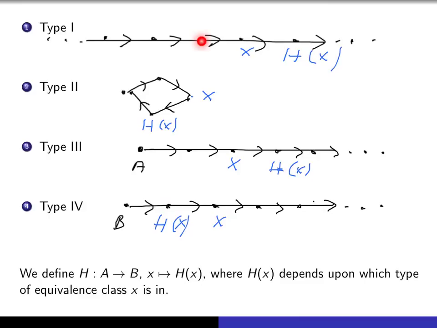If y happens to be here, then it's the image of that. If y happens to be, say, here, then it's the image of that. If y, say, is here, then it's the image of that. And if y is anywhere along here, say here, then it's the image of that. That completes the proof.